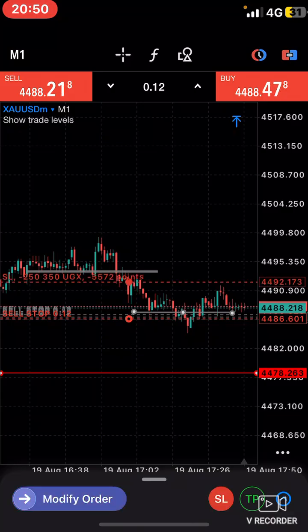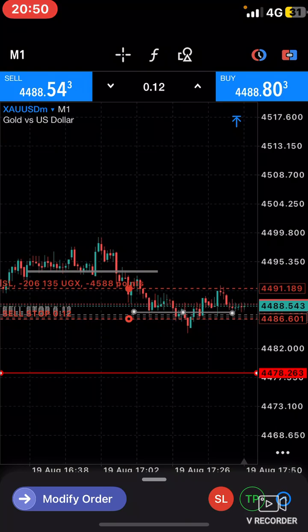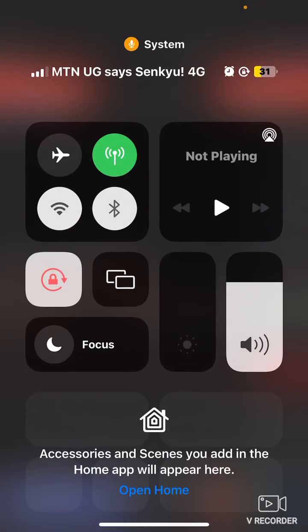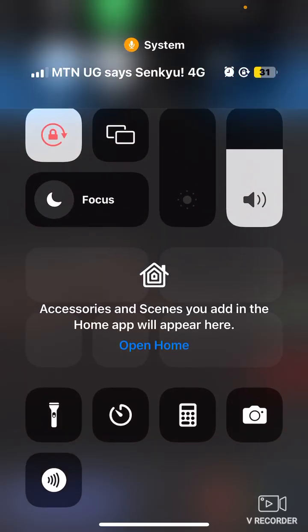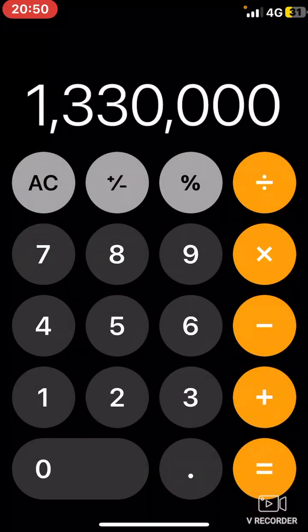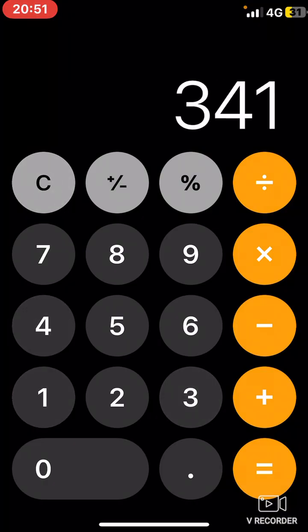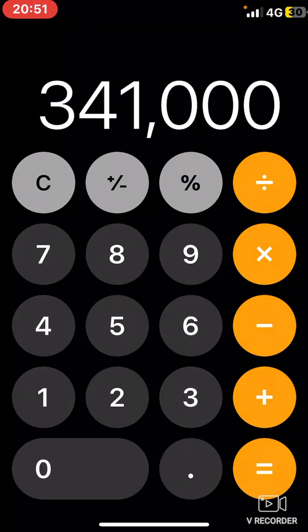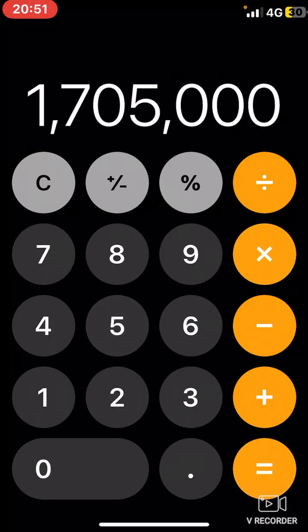So we shall go to our calculator and calculate 206,000 times 26,000 times 241,000 times 5. So it's like 1.7M of profit.